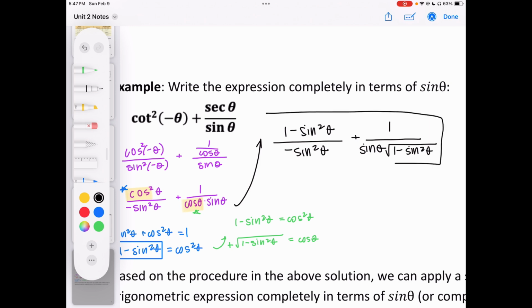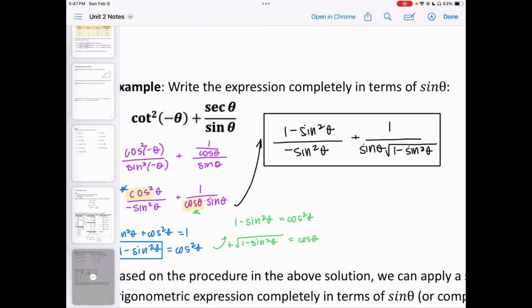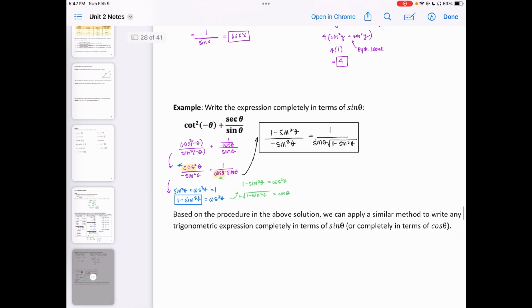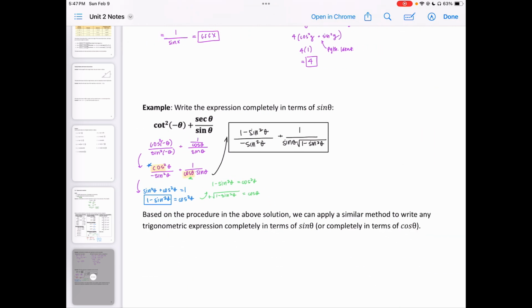Now, I'm not saying that this is better than what we were provided. Obviously, it looks more complicated, but ultimately, the goal of this problem is to just get familiar manipulating these types of questions. Okay. As long as you're comfortable manipulating, you're going to be totally fine. Okay. It just takes a little bit of practice.